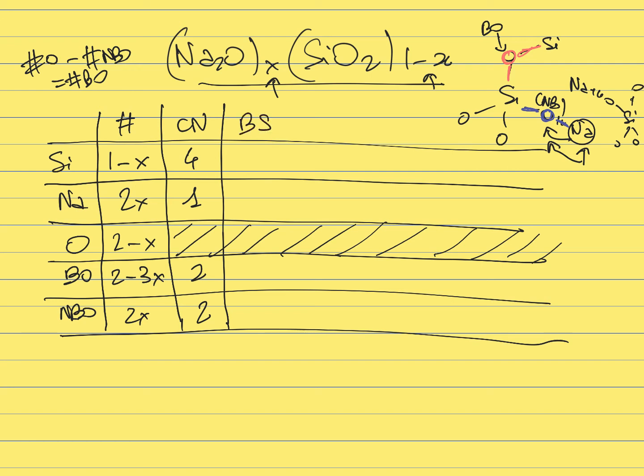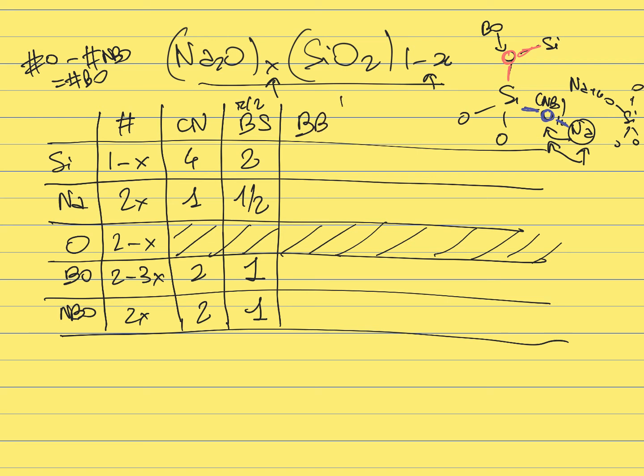Next step, bond stretching. Bond stretching is coordination number divided by 2. For silicon, that's going to be 2. For sodium, that's going to be 1/2. For bridging oxygen, that's going to be 1, so 2 divided by 2. For NBO, that's also going to be 1.